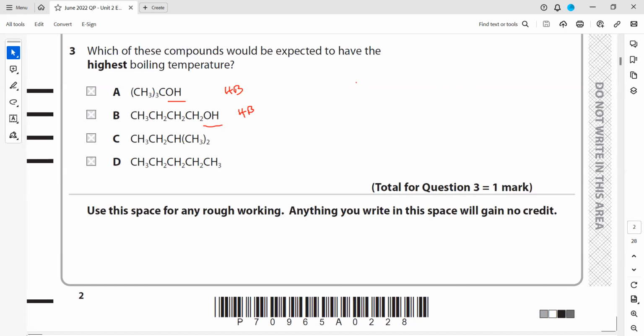A straight chain will have a higher boiling point compared to a branched one, because a straight chain will have a large surface area. So this structure shows that this will be a branch like this. But for A, 1, 2, 3, 4 are there, so it will be CH3, CH2, CH2, CH2, and OH. So that's why B is the right answer.